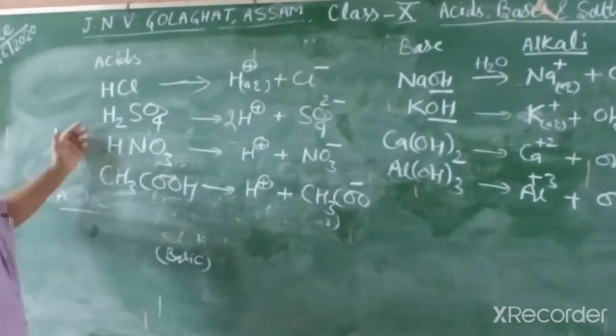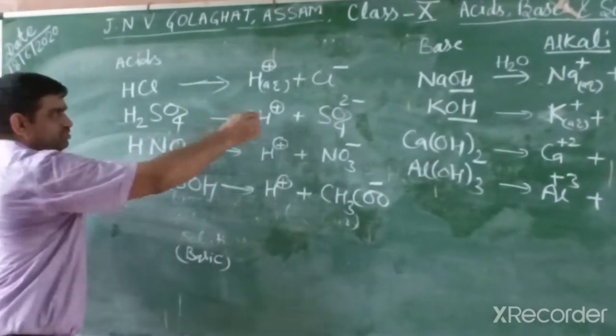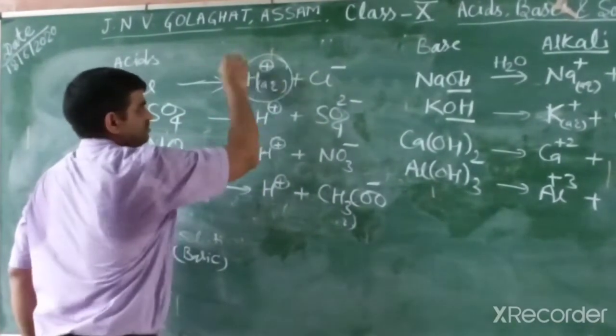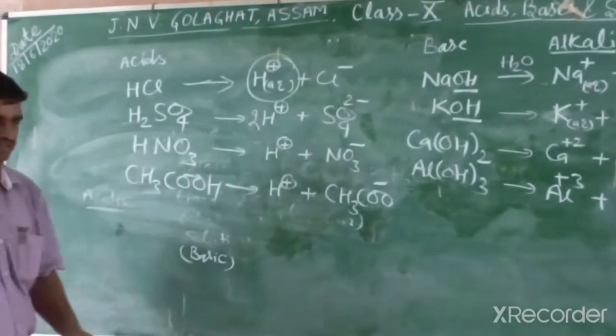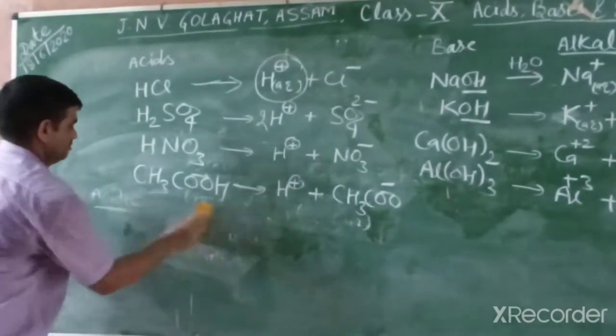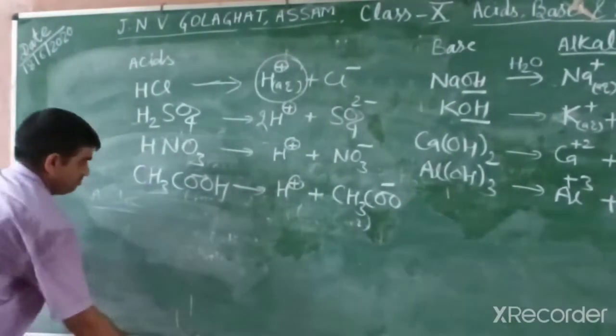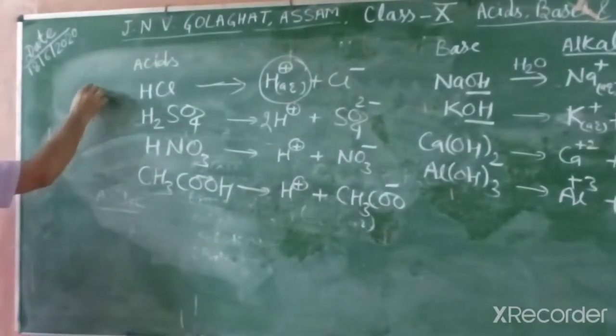And acids provide hydronium ion when dissolved in water. So this H plus, hydrogen, we know is a single atom, and a single atom cannot exist alone. When we draw the structure of hydrogen, we know it has one electron and one proton.